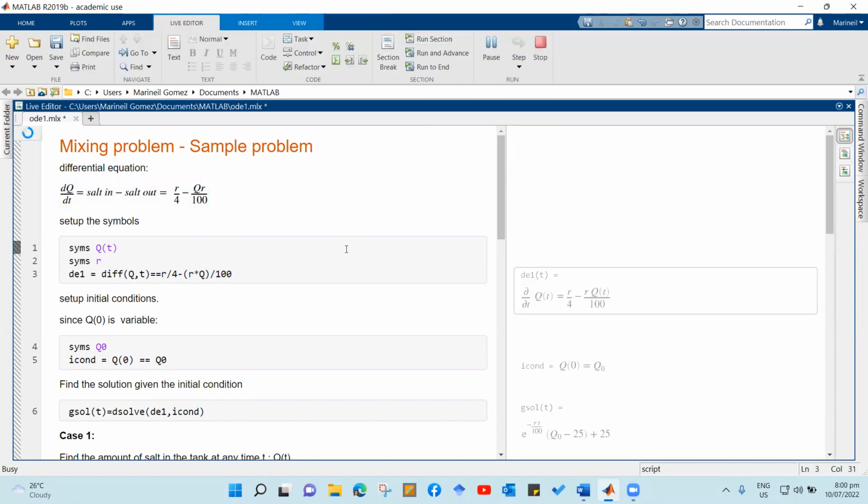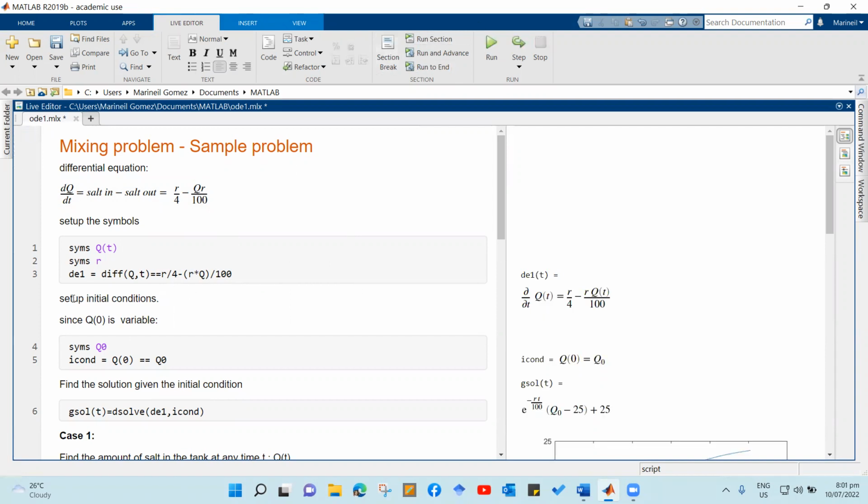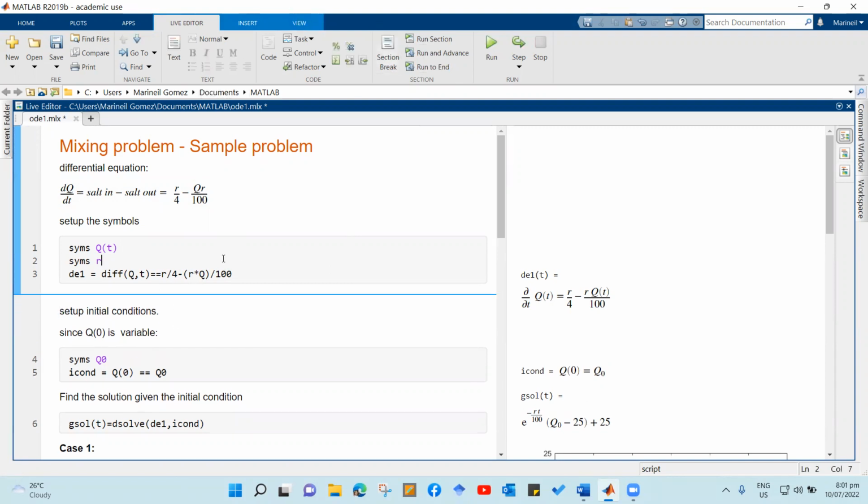So I will run this section. Actually, MATLAB is running all sections here, so let me add section breaks. Okay, let me run this section again. Let me clear outputs.